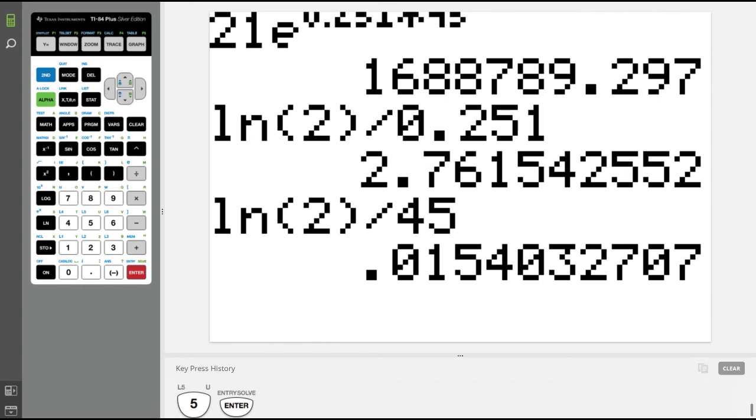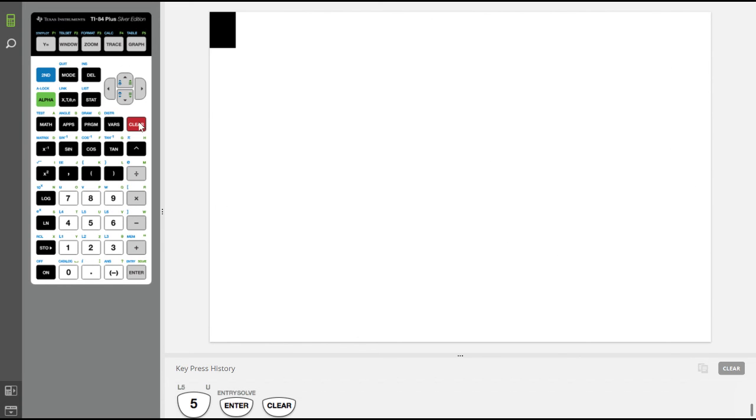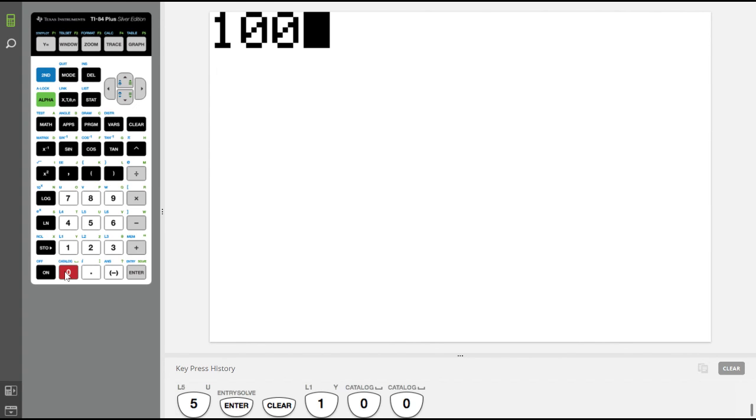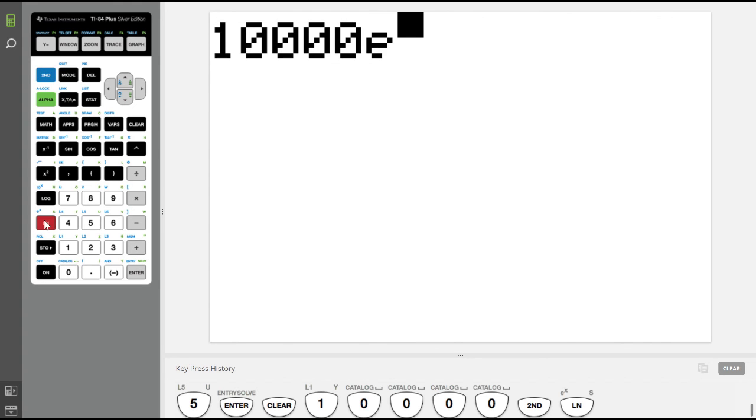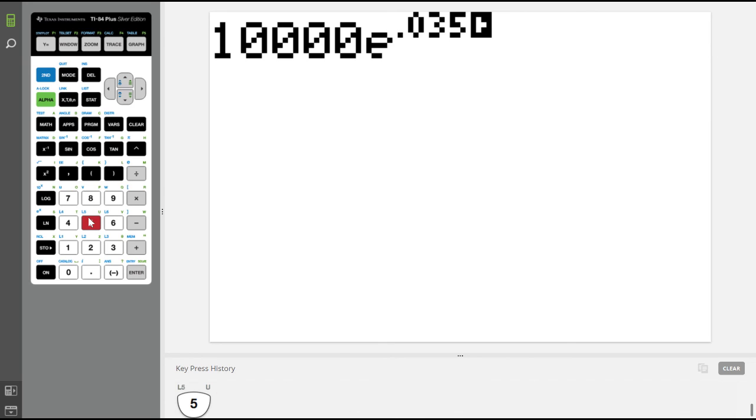Let's go to our calculator. Let's clear this out. I'm going to do 10,000, and then second ln is how I bring up my e, and I'm going to raise it to the 0.035 times 15, the number of years.